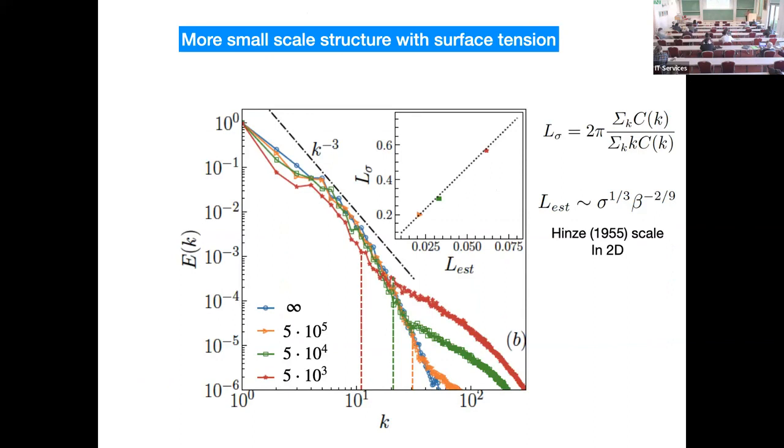So this is the first part of my story, where we've seen that multiphase turbulence is very different from single phase turbulence. And the main reason is that you have a huge amount of small scales coming in, and the small scales keep increasing as the surface tension increases.